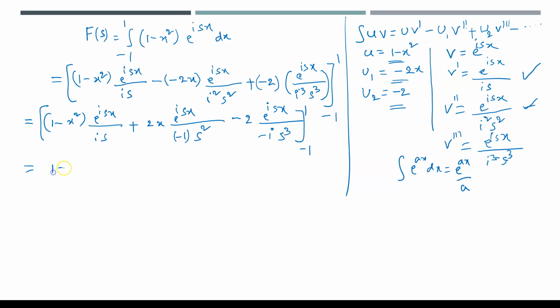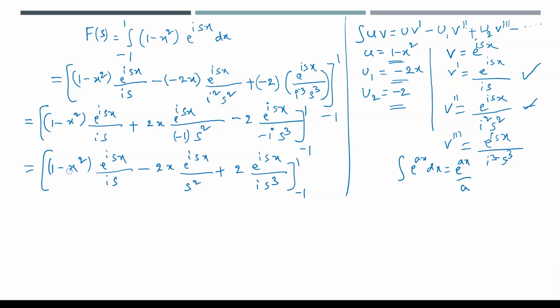Simplifying again: 1 minus x square into e power isx upon is, minus 2x e power isx upon s square, plus 2 e power isx upon i into s cube, under the limits minus 1 to 1. Now let us put the upper limit first. Put x equal to plus 1. Then we get 1 minus 1 into e power is upon is, minus 2 into e power is upon s square, plus 2 into e power is upon i into s cube.